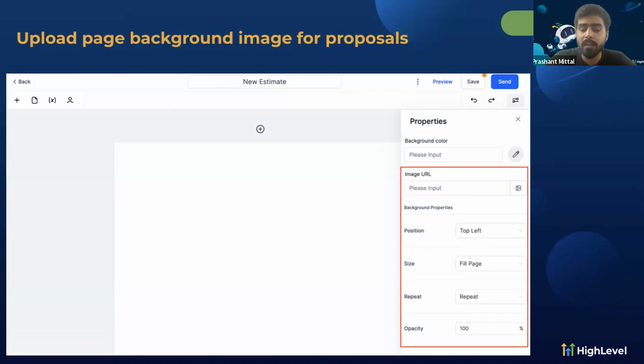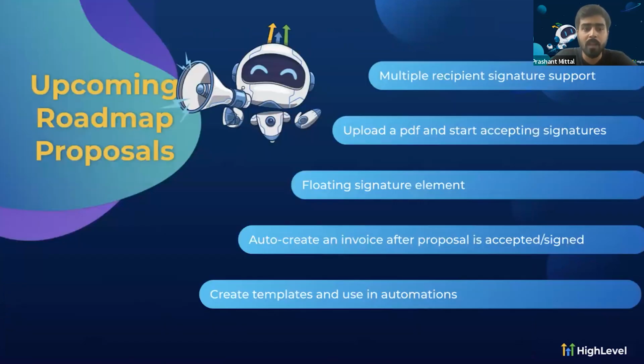So all of those functionalities, and I personally feel that this is going to be a game changer for people using proposals in here, because this opens tons of possibilities for formatting as well as creating your brand customized proposals or estimates.